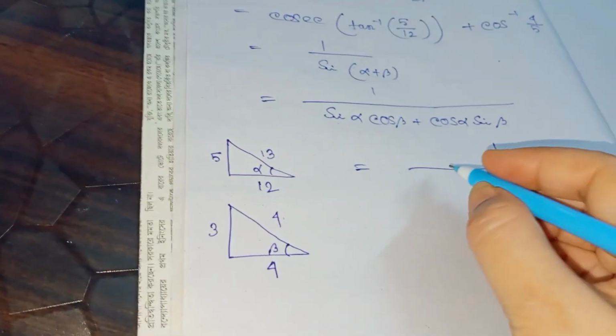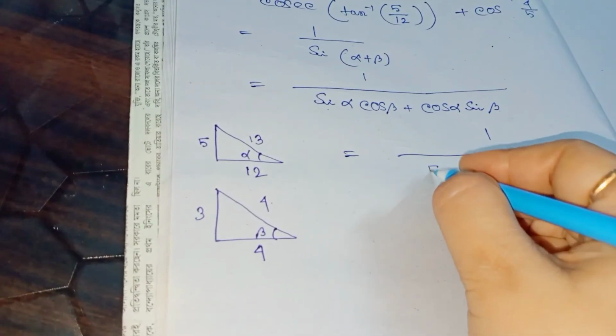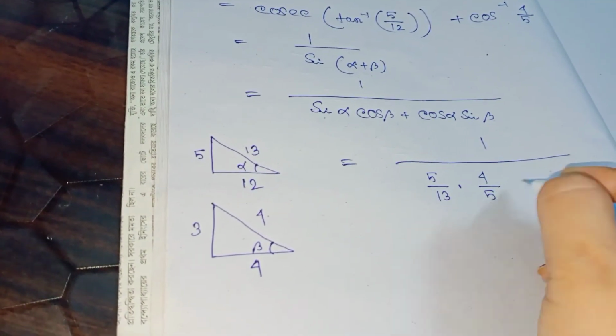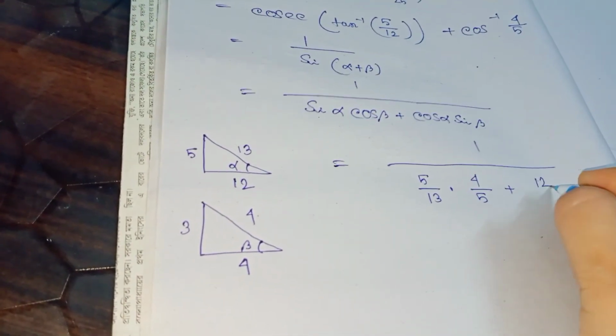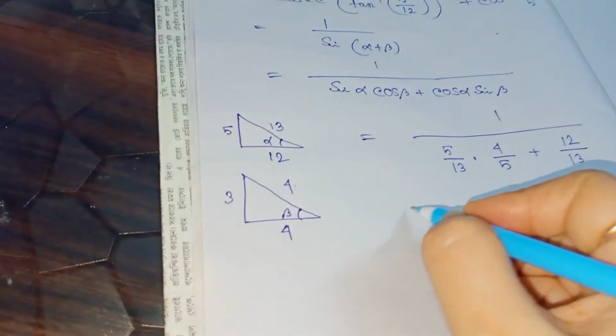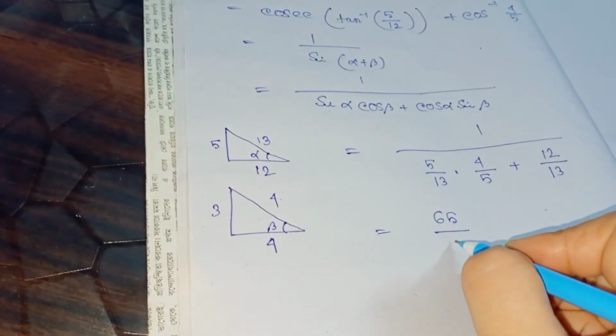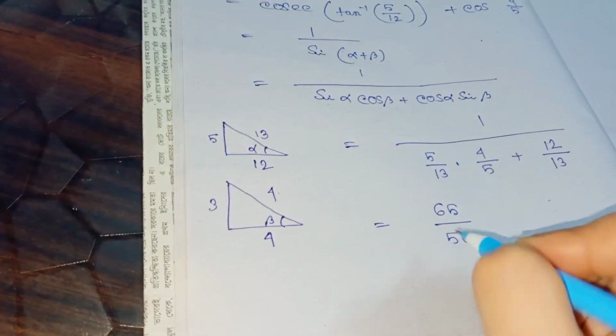The value of sine alpha cos beta plus cos alpha sine beta is 5 by 13 into 4 by 5 plus 12 by 13 into 3 by 5. After simplifying, we get 65 by 56.